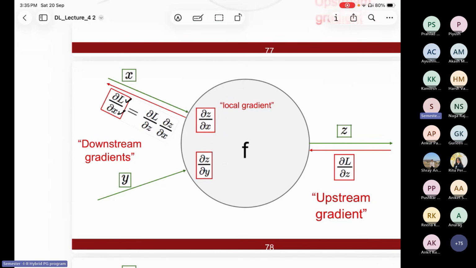Take the upstream gradient, which is this, and take the local gradient, del Z by del X, and multiply these two terms. This will give you the gradient of the final output with respect to this particular variable. Whatever you are getting from this side is called upstream because it's coming from the right hand side, and whatever you are getting here is called the local gradient. Okay, and then you multiply it.